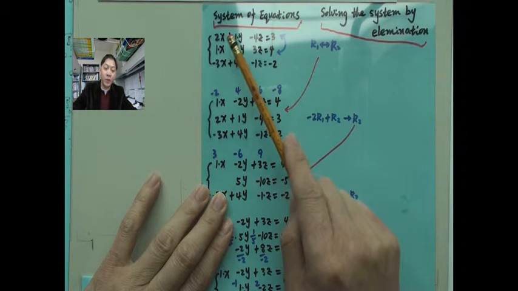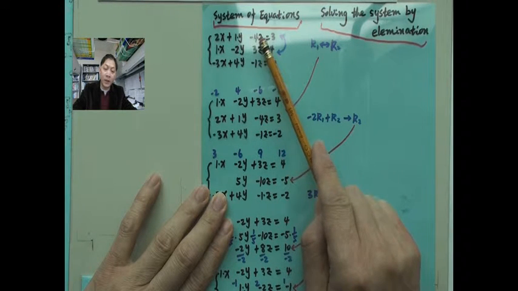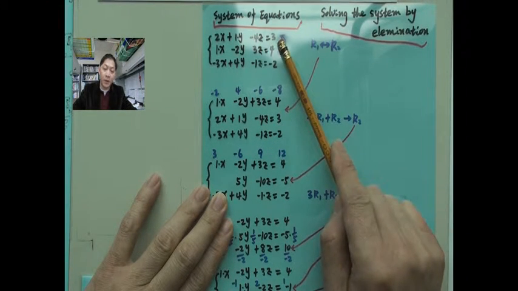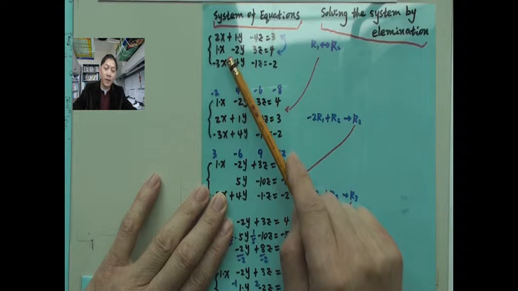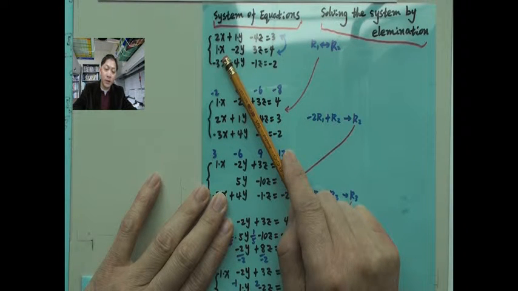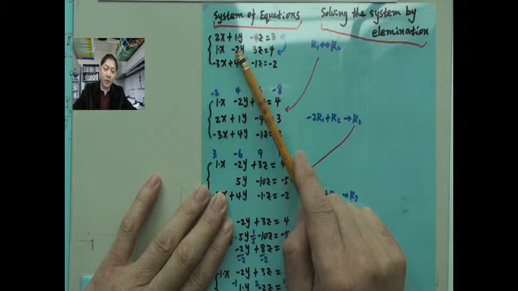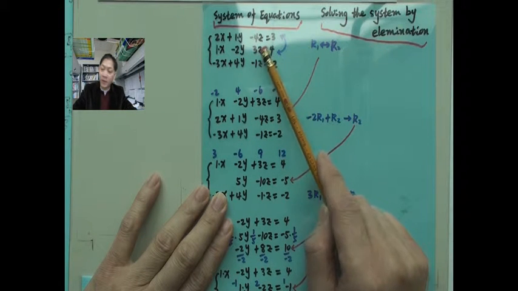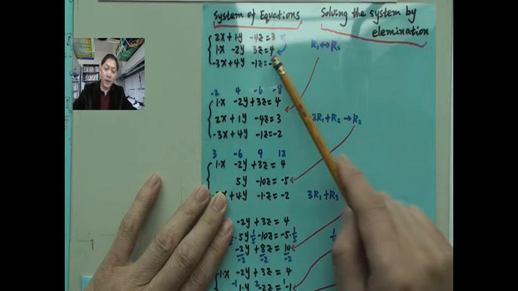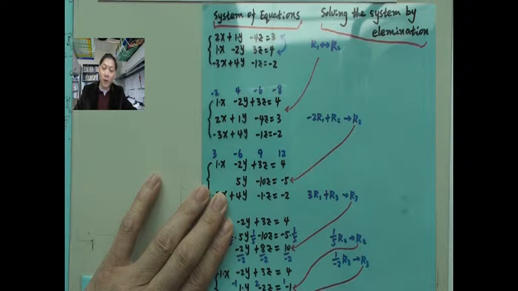The first equation is 2x plus 1y minus 4z equals 3. The second is 1x minus 2y plus 3z equals 4.